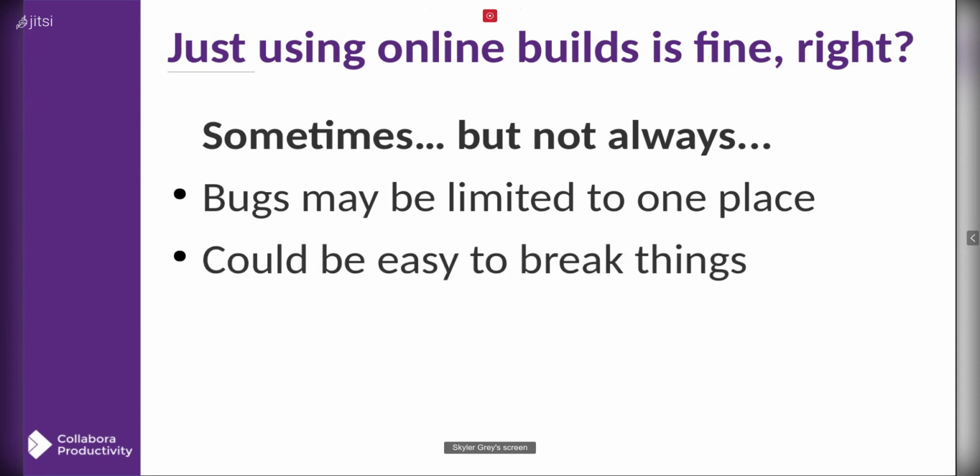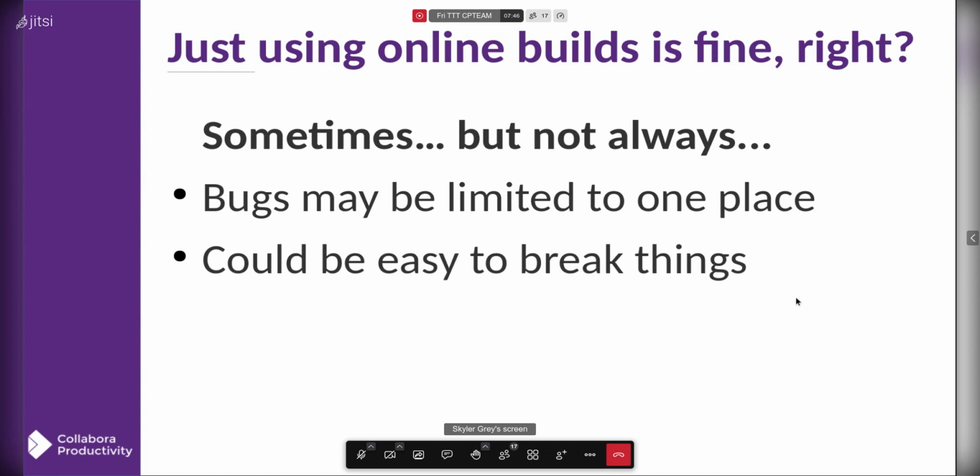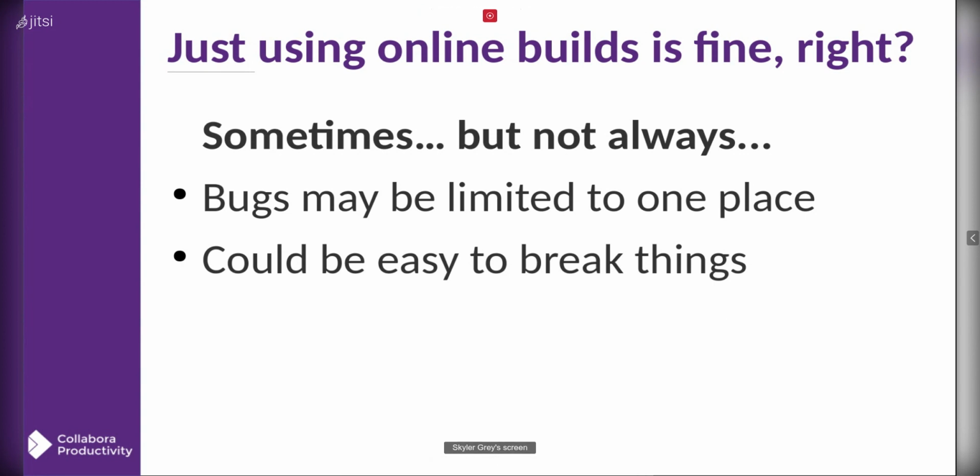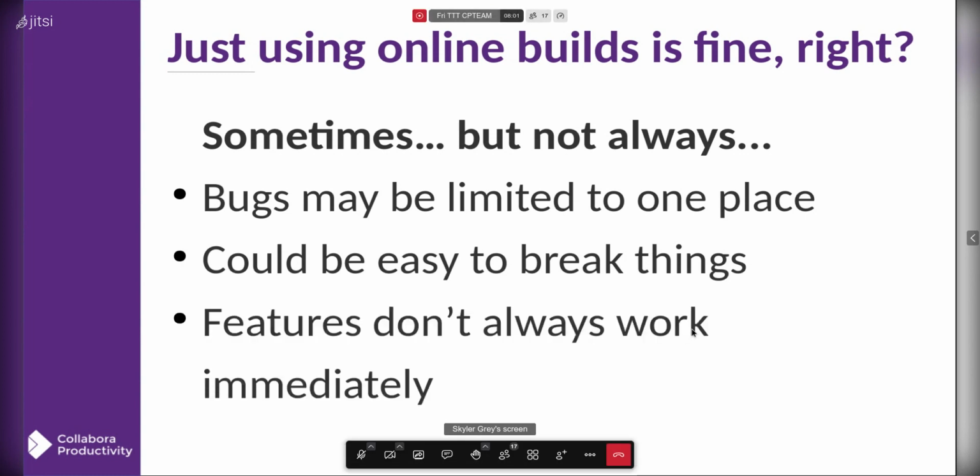It could also be quite easy to break things. They do work slightly differently to Collabora Online in your browser, which means that if you are writing a feature in Collabora Online, you can sometimes end up breaking a mobile app, and features don't always work immediately as well.